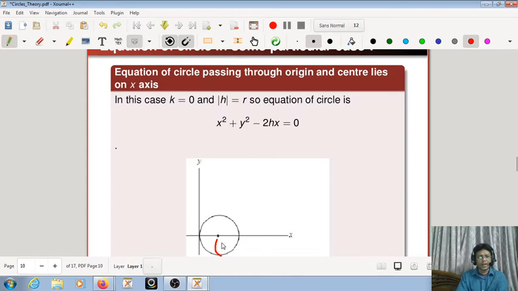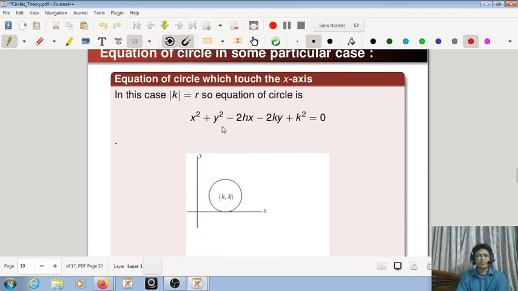So this is your (h, 0). You look at that, this distance is h. So mod h equal to r. Mod h, because it can be on the negative side also. So mod h equal to r, and your equation of the circle reduces to this form. This is the case when the circle passes through the origin and the center lies on the x-axis.